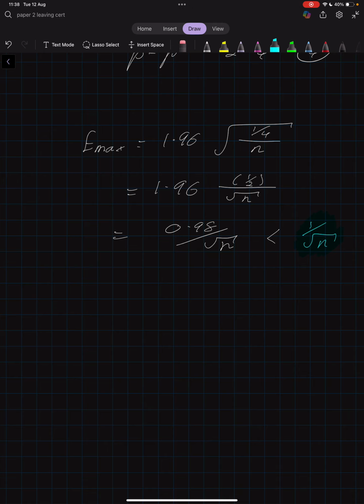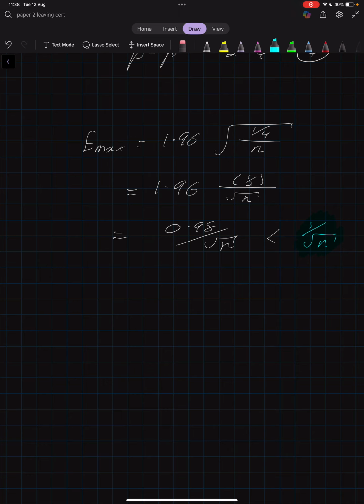This is called the margin of error. If they ask what the margin of error for the population is, they're basically asking for the biggest amount of error we can have. This is what they're talking about: 1 over root n. So the biggest margin of error for a sample of 400 is 1 over root 400. That's 1 over 20, that's 5%.